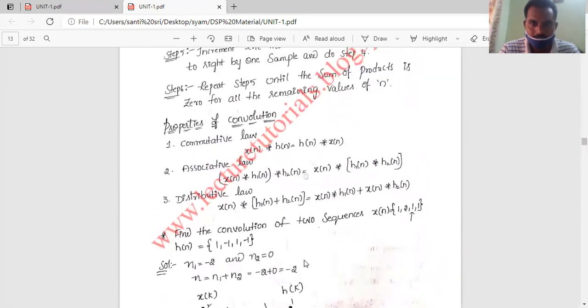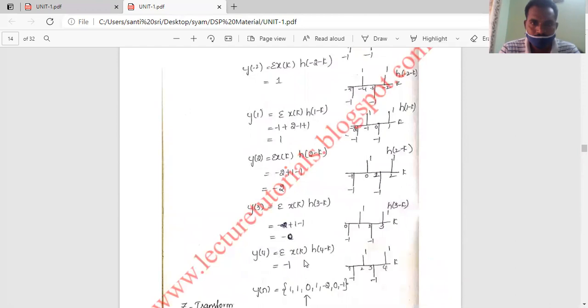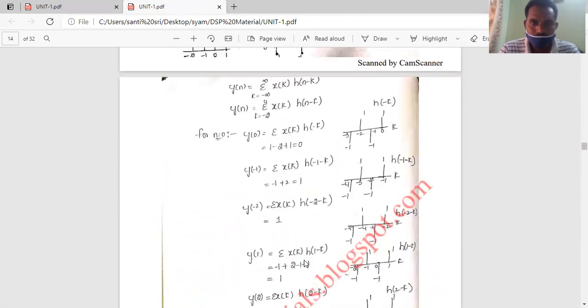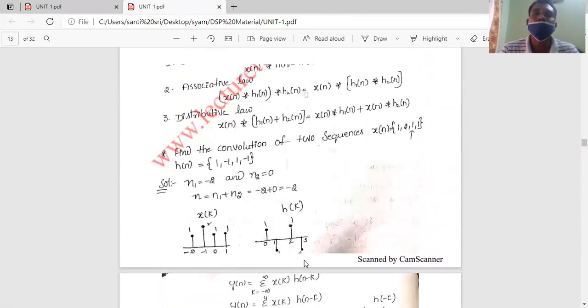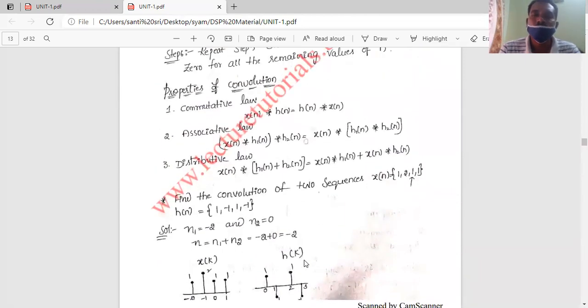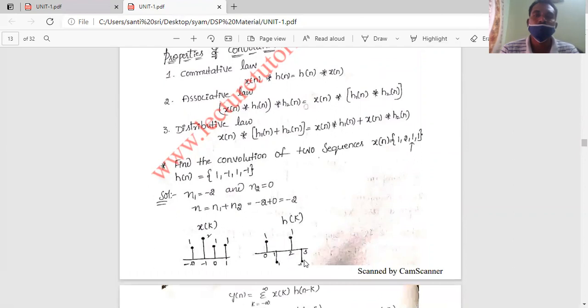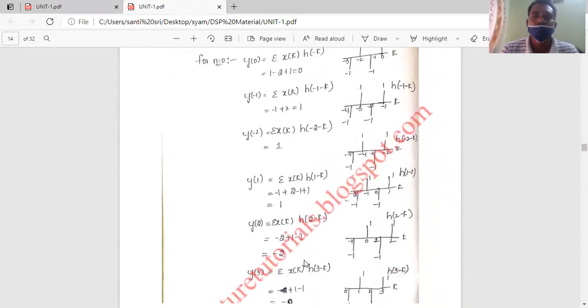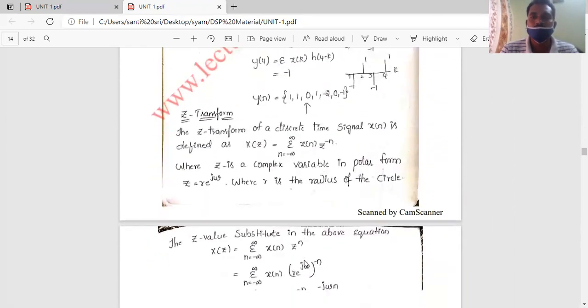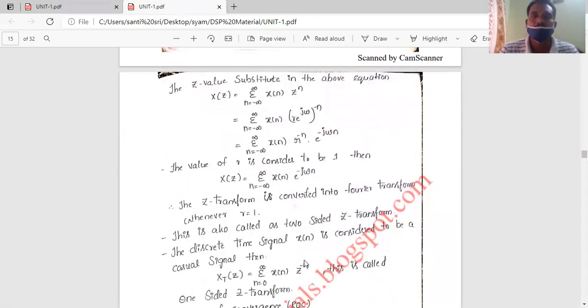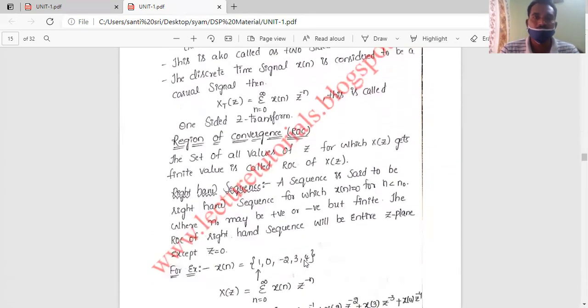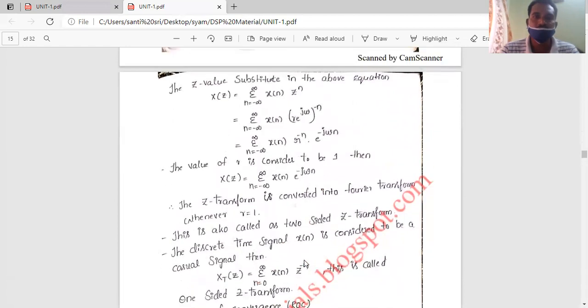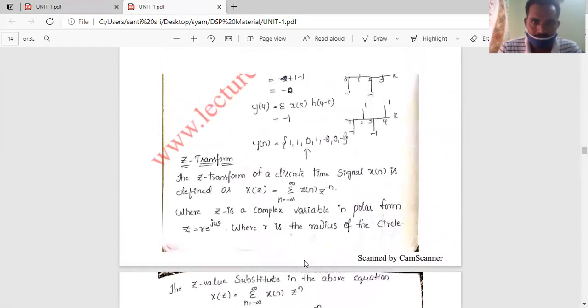Is it clear? Okay, so with this, I will conclude today's class, and in the next class we will see the z transforms.